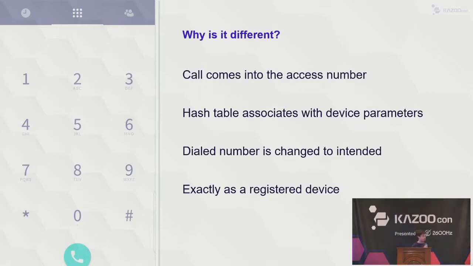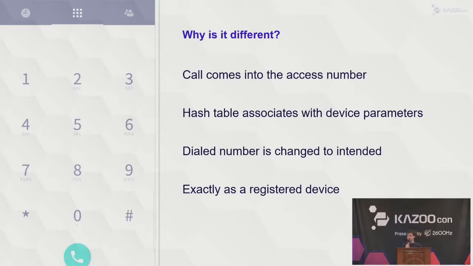When the call comes into the access number, the hash table is looked up. We identify the device parameters, and we associate it just like we do for a registered device. So as far as Kazoo is concerned, this is actually a registered device on the system with all the user account and device parameters that any other device would already have.